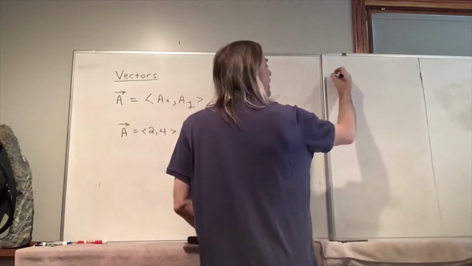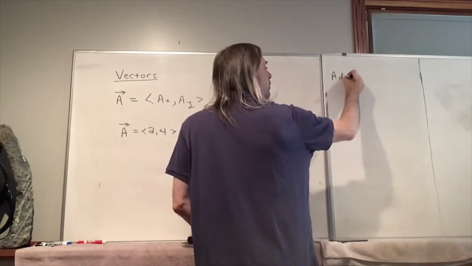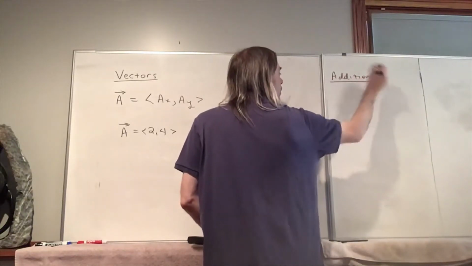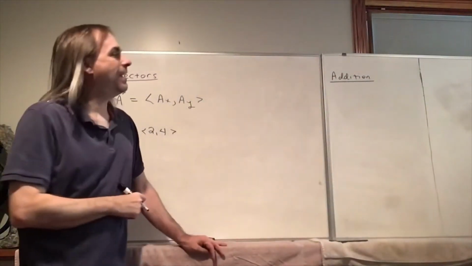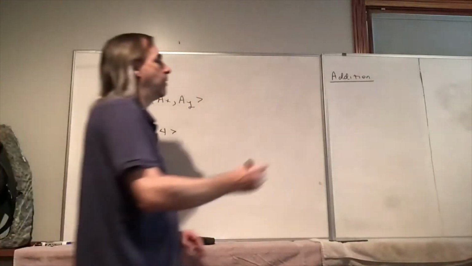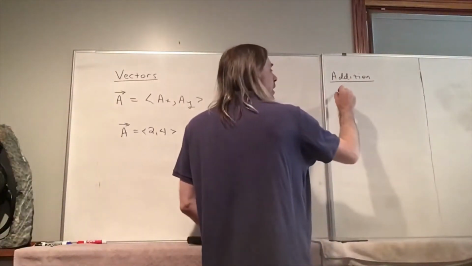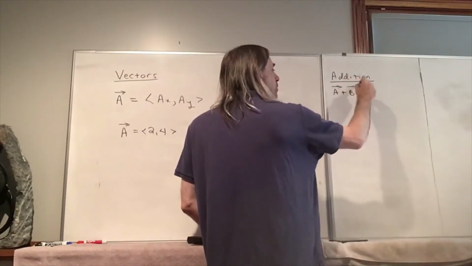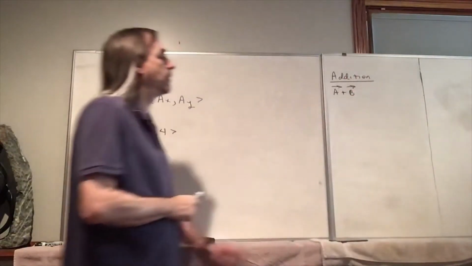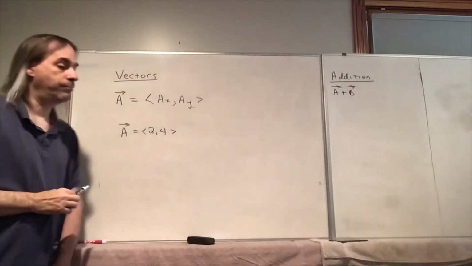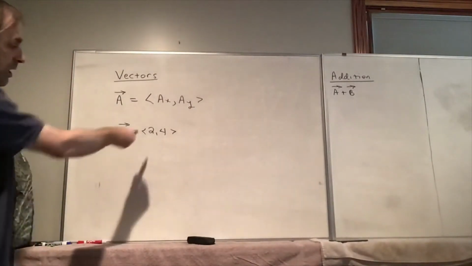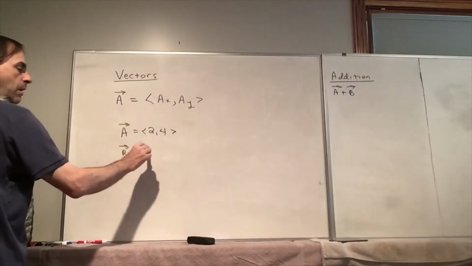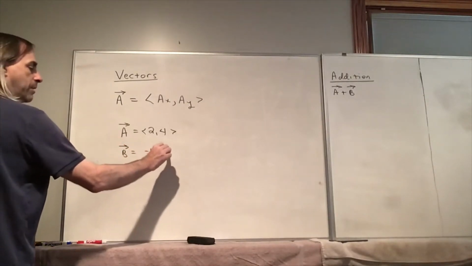Those are vector addition, and I'll write it down. Let's say we have A plus B. We have two vectors, A plus B. Okay, here's A. Let's write vector B, say -1 and -2.